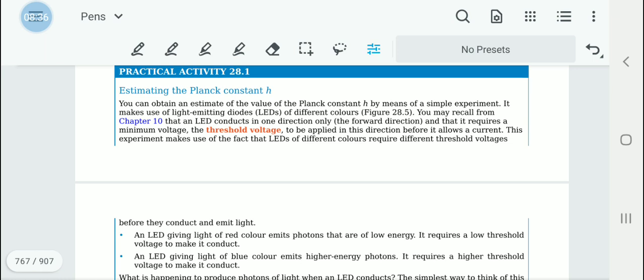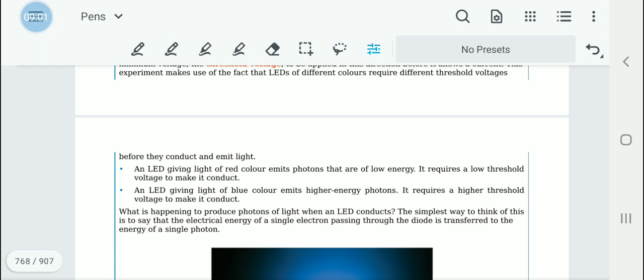And there is a minimum voltage, or threshold voltage, that should be applied for this current to pass through. We use different colors because different colors require different threshold voltages before they conduct and start giving out light.